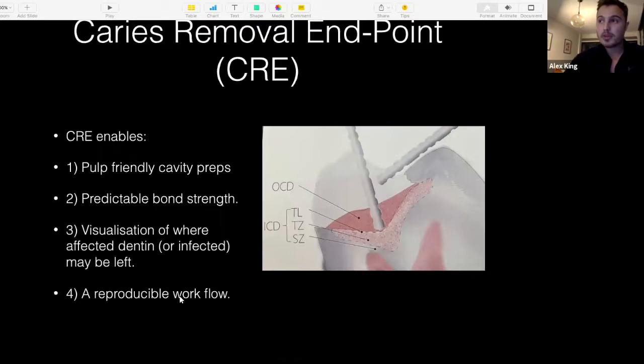If we work within these parameters, which we measure with a BP probe or a Williams probe, and continue this workflow from tooth to tooth, patient to patient, we're going to have a predictable workflow. Then we can recall and see if the methods we're using do work.